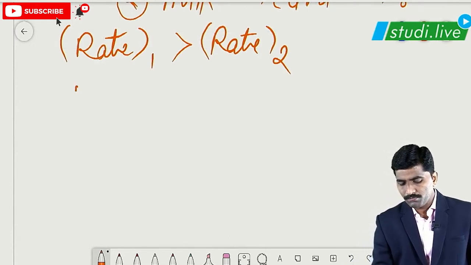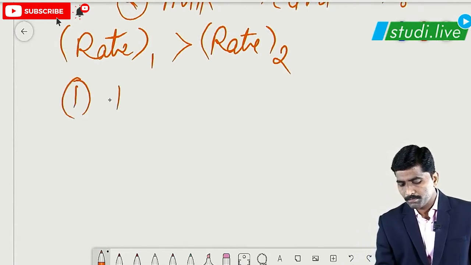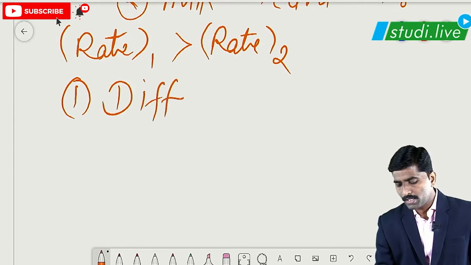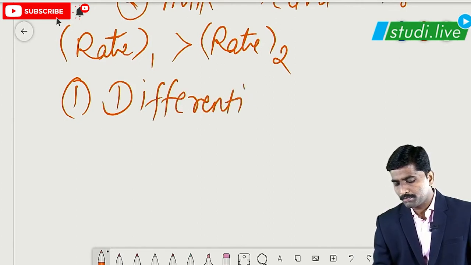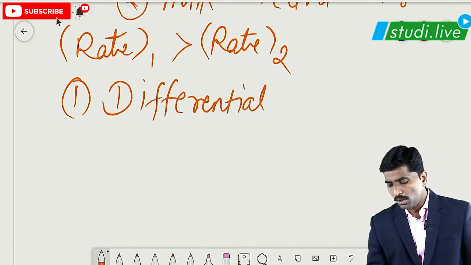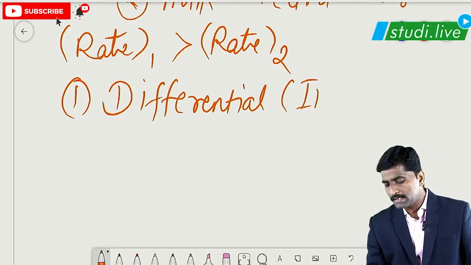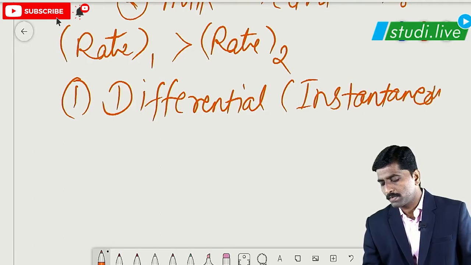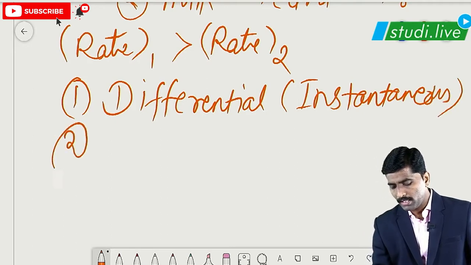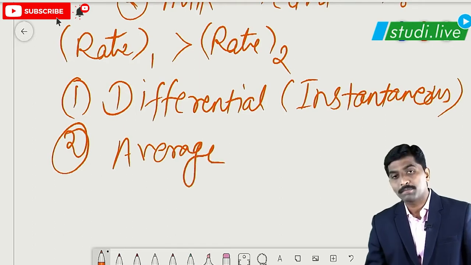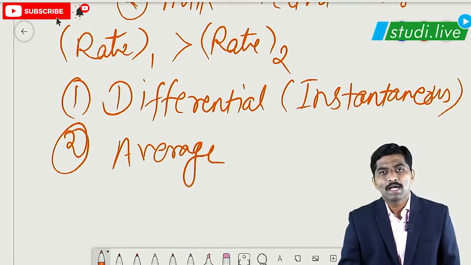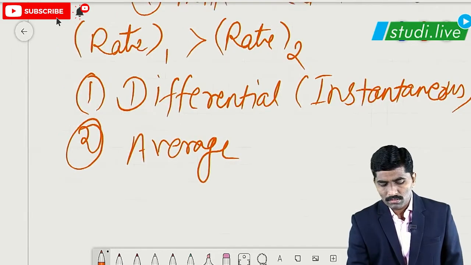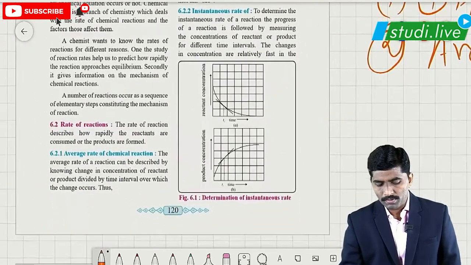The very first is differential rate, which is also known as instantaneous rate, or secondly we can give average rate. Okay, and how these are given? Let us see over here.